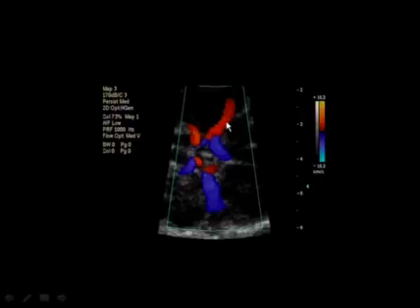Here you can see the color Doppler of the circle of Willis, and the colors red and blue indicate the direction of the blood flow. Red here indicates that the blood flow was directed toward the transducer, and the blue indicates that the blood flow in this case was directed away from the transducer.